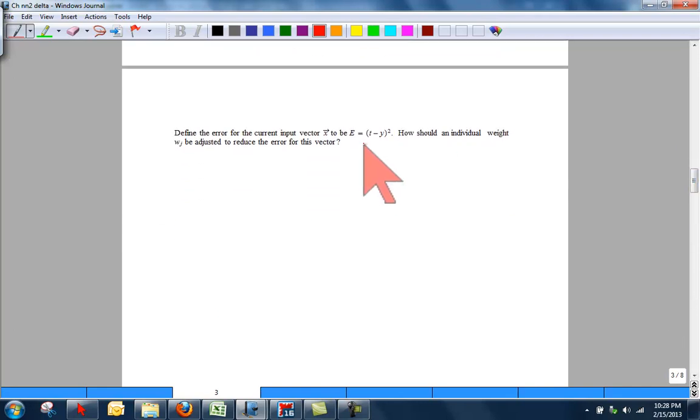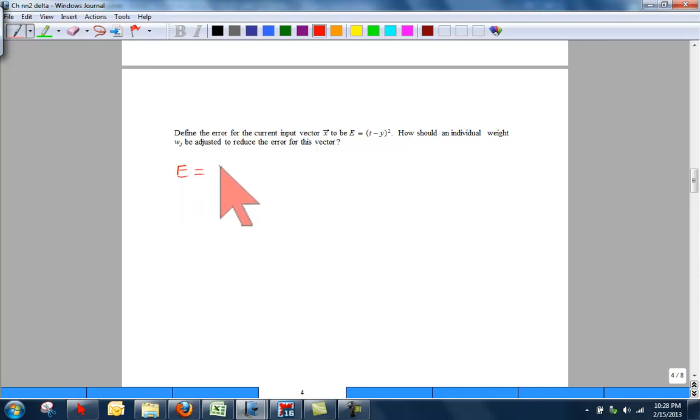Let's look at just one input vector, which has teacher answer t and network guess y. I want to adjust the individual weights, and in particular let me talk about a generic one, w sub j. Well, first of all, it's not clear even what adjusting the weight does to the error.